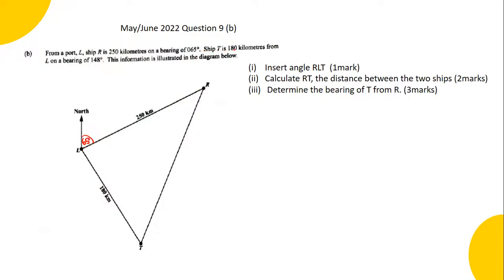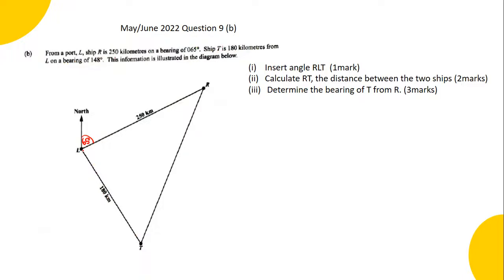Ship T is 180 kilometers from L on a bearing of 148 degrees, right? Let me read that again. Ship T is 180 kilometers from L, so T from L on a bearing of 148 degrees.